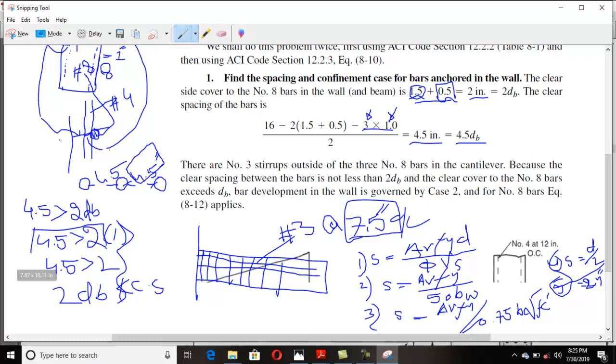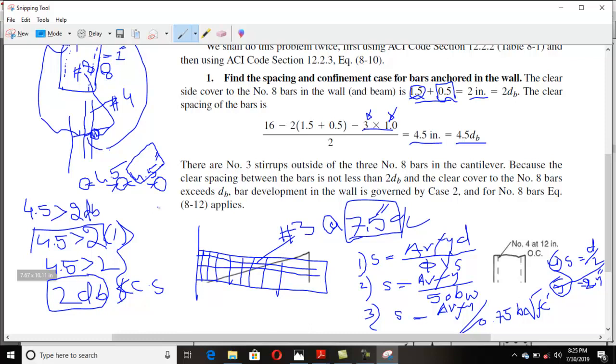Clear spacing means this distance, which is the face to face distance in between the bars. So therefore case 2 does not work here. For case 2 it is necessary that this clear spacing should be less than 2 dB. So we have to use now case number 1.